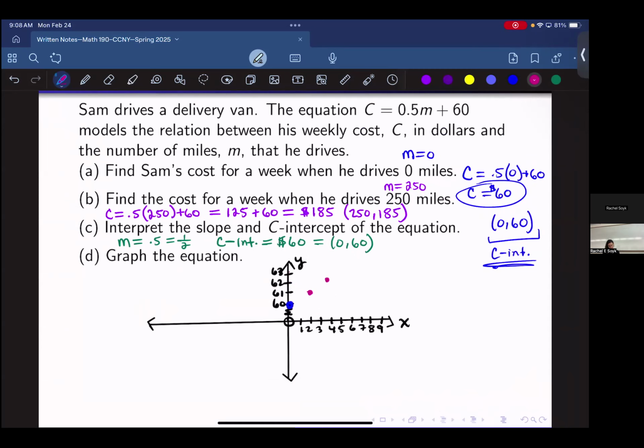We'll do one more, up 1 over 2. I'm going to go ahead and connect the dots and then write our equation of our line after we put in our arrows. So we have C is equal to 0.5 m plus 60, and we're done.